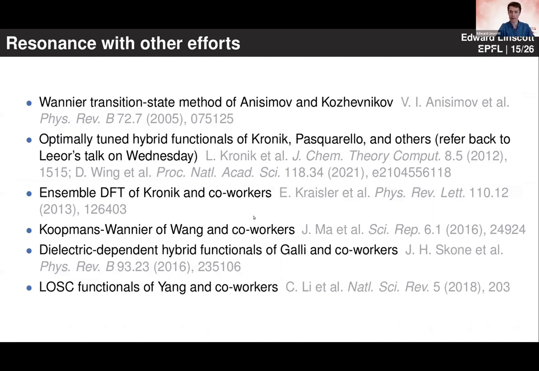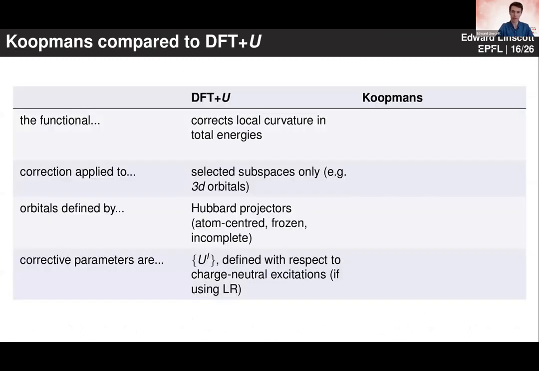I think Andrea has already mentioned all of these different resonances with various other efforts, but what I want to contrast is how the Koopmans functionals differ from, or compare with, DFT plus U, the subject of yesterday. In DFT plus U, we've got a functional which is constructed to correct the local curvature in the total energy of our system.